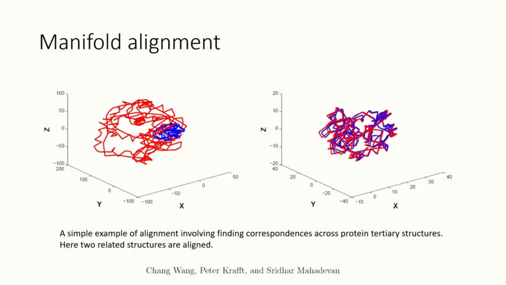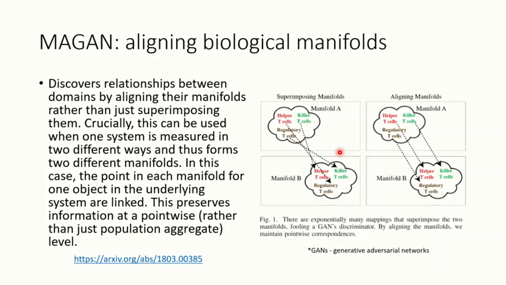Then you align. This is the result. So this result is good because you can see them, but for even higher-dimensional data points, you don't see them, but after the alignment, you have. So this is one of the early applications.